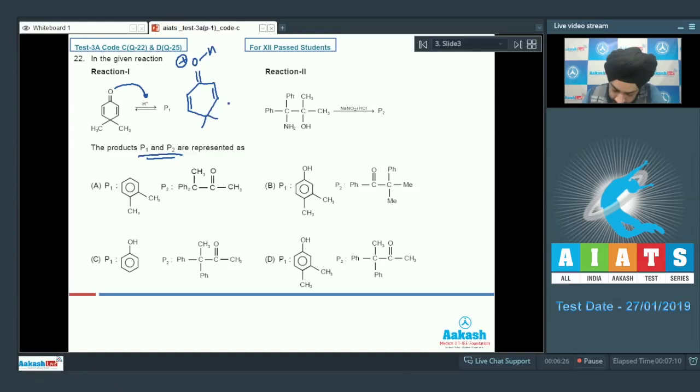So this is an example of acid catalyzed tautomerism reaction, students. So in the next step, what is going to happen is, the pi bond will shift and we are going to have the formation of this intermediate.